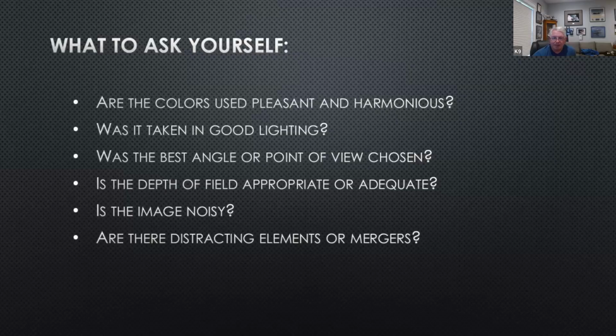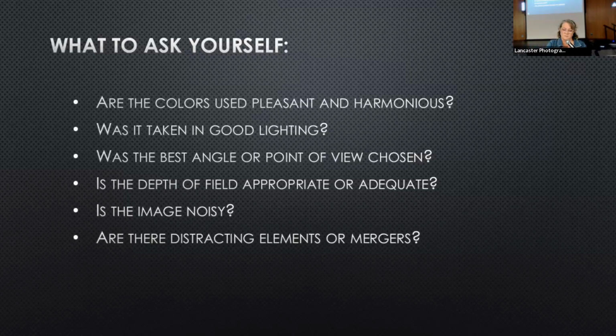I've heard that described as separation, so it's kind of the same. Yes, separation is what you want. Merger is what you don't want. So poles coming out of people's heads or the horizon crossing the head, those sorts of things would also be considered mergers.